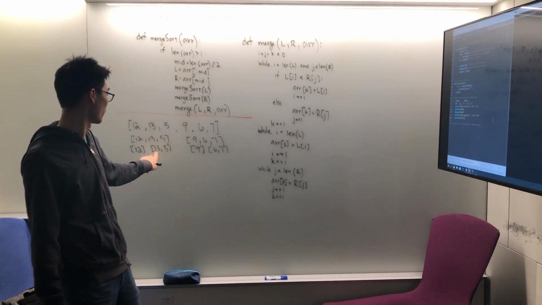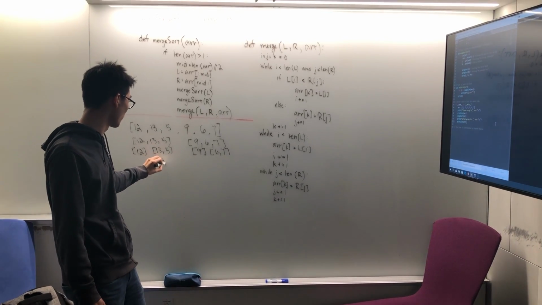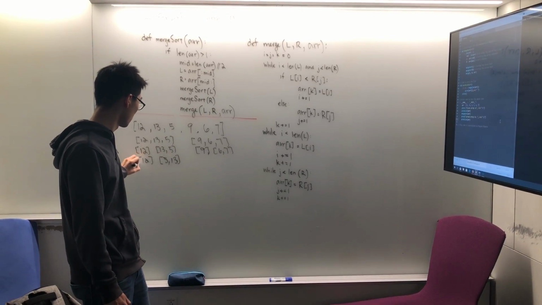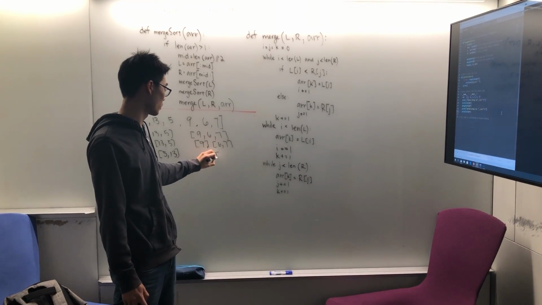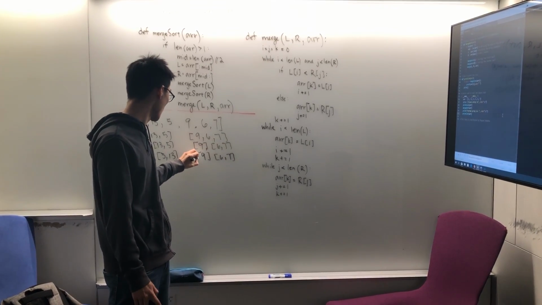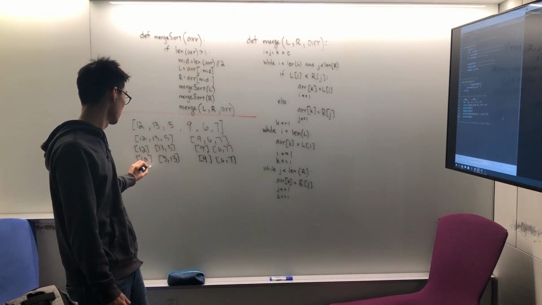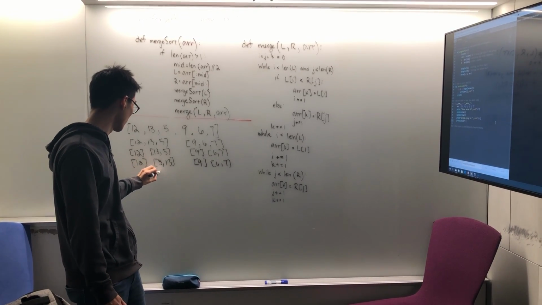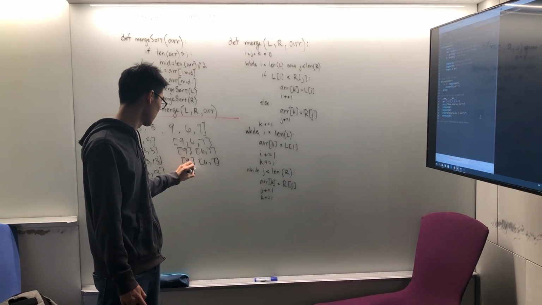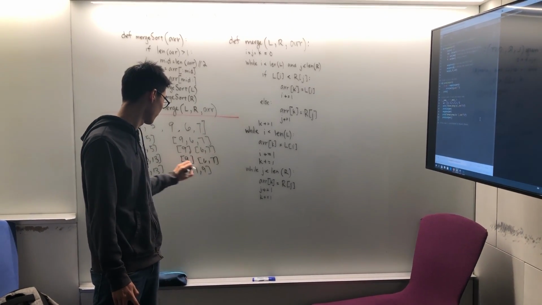And so if we sort this, it would be 5, 13. And if we sorted this, it's already sorted, it would be 6, 7. And then we can recombine this to 5, 12, 13, and this to 6, 7, 9.